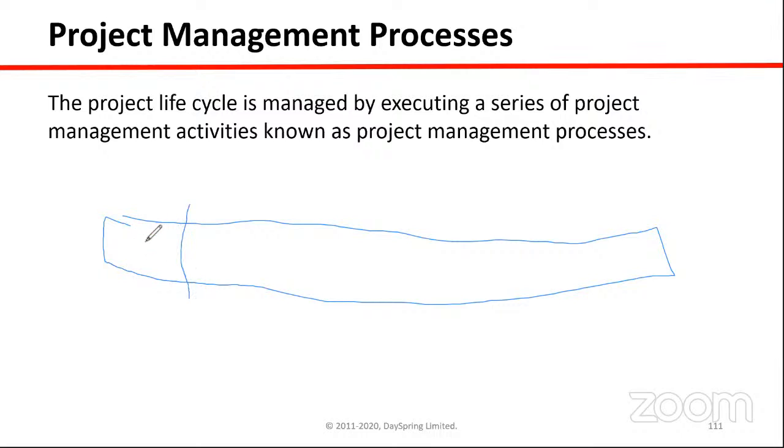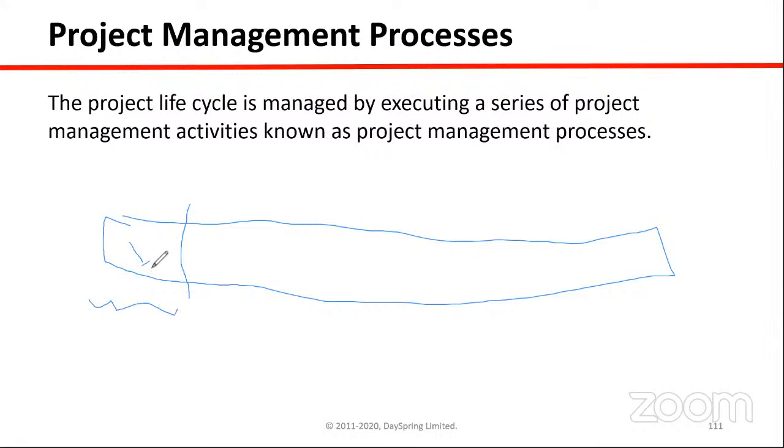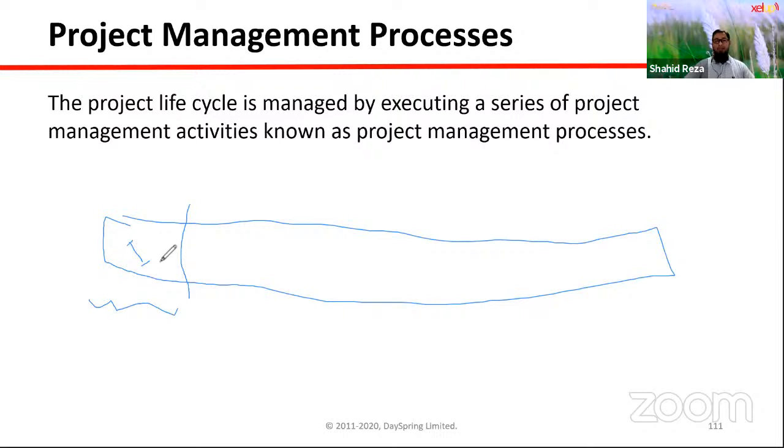There is beginning or initiation, and in initiation we do different kinds of activities like taking approval from the management, getting the budget, deciding who will be the project manager, your PIC, project implementation committee, then PSC, project steering committee. Those are the things we do at the initiation stage.